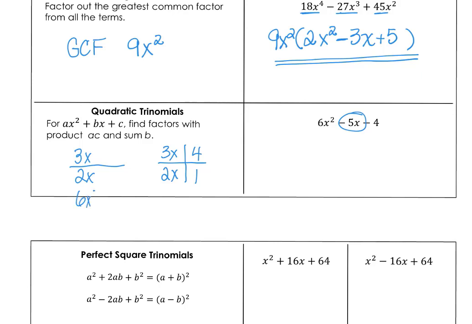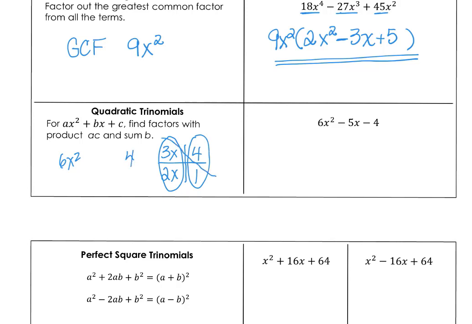That's definitely 6x squared for the first term. And 1 times 4 is definitely 4 for the last term. But 12 times 2 is not negative 5. So that's the reason I threw this option away and went with this option. So 3 times 2 is 6x squared, and 4 times 1 is 4.